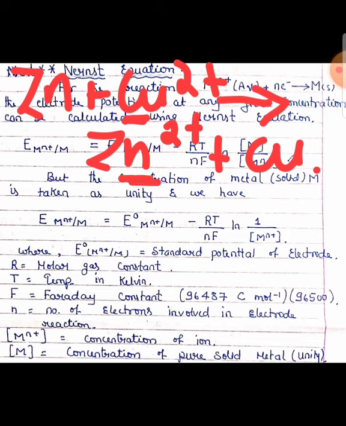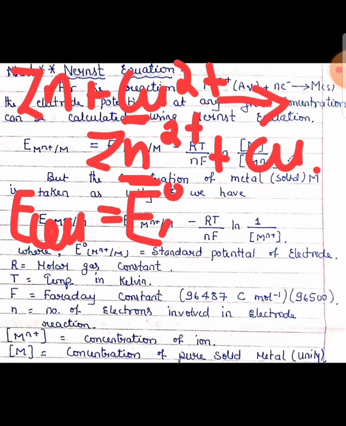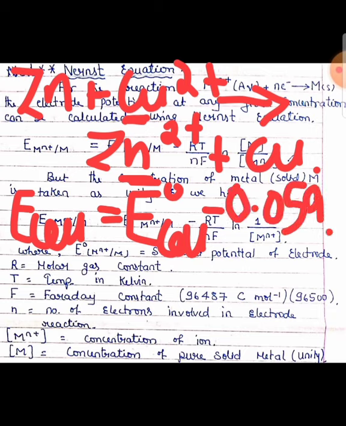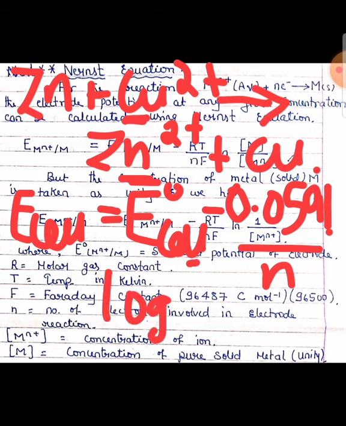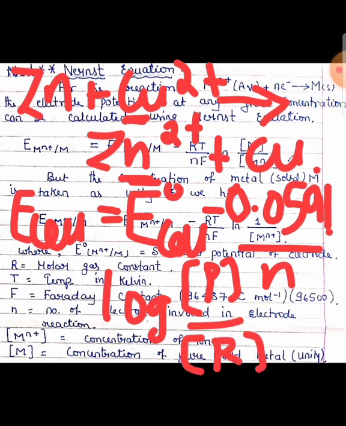For this particular reaction, we can write the Nernst equation as E cell is equal to E naught cell minus 0.0591 divided by n, the number of electrons, into log of concentration of product divided by concentration of reactant.